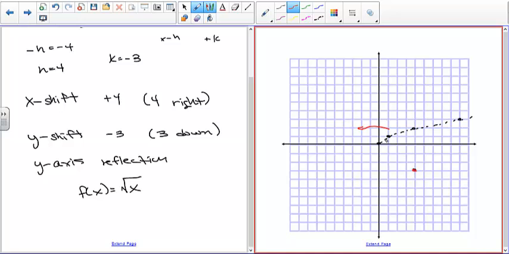So you do the same things. You go over 1, up 1, but instead of over to the right, you're going to go over to the left. So you go over left 1, up 1. 1, 2, 3, 4, over 4, up 2. 1, 2, 3, 4, 5, 6, 7, 8, 9. So you go over 9, up 3. Square root of 9 is 3, and then you draw it like that.